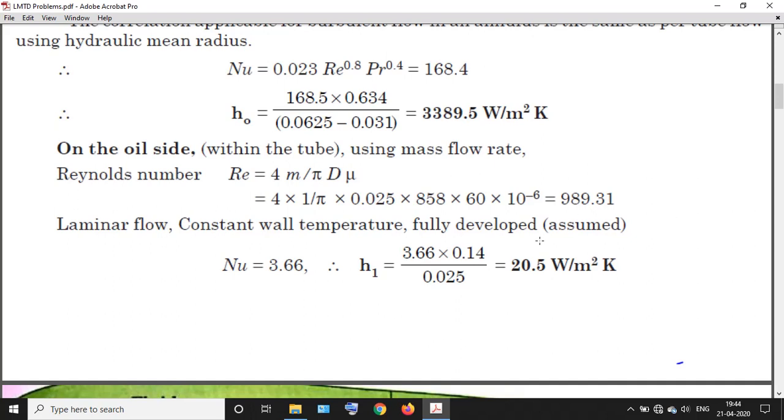You can assume other parameters depending on your question or criteria. By this assumption, you will have a Nusselt number value of 3.66. From this, you can find the inside heat transfer coefficient. So the first step of the problem was to find out the outside heat transfer coefficient and the inside heat transfer coefficient, which we found out by the methods we used in our convection problems.